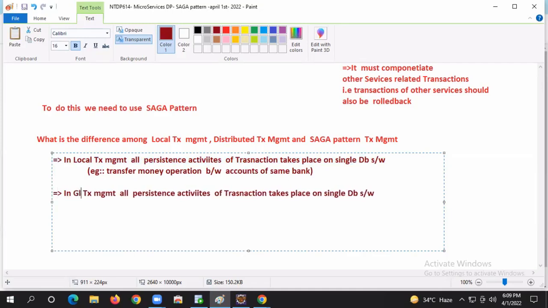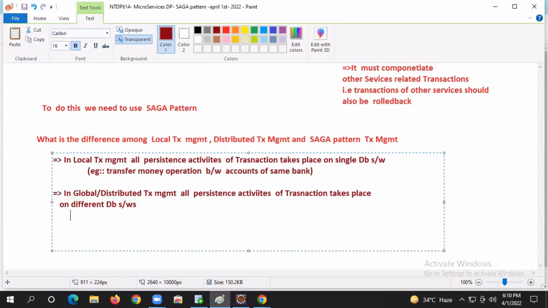In global or distributed transaction management, all persistence activities of the transaction take place on different database softwares, guys.